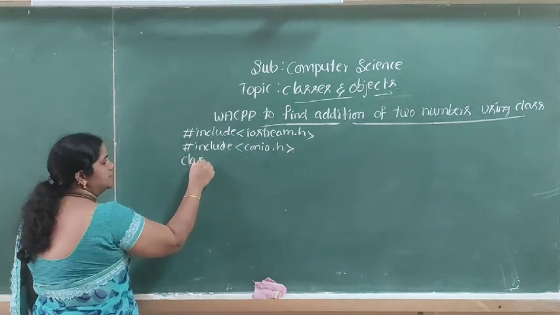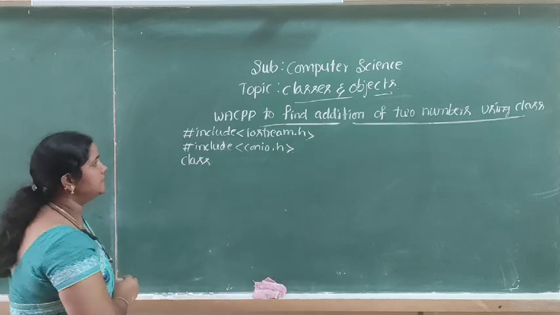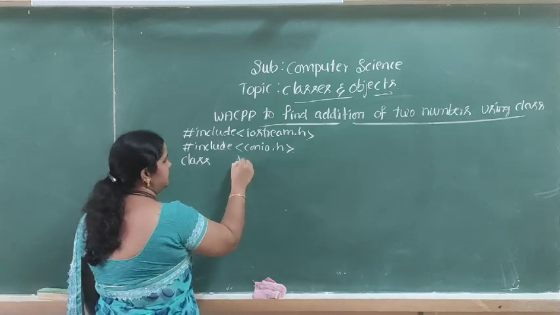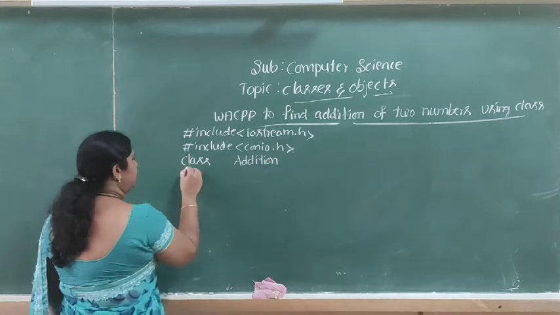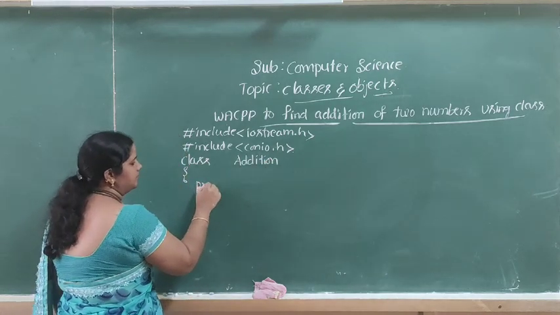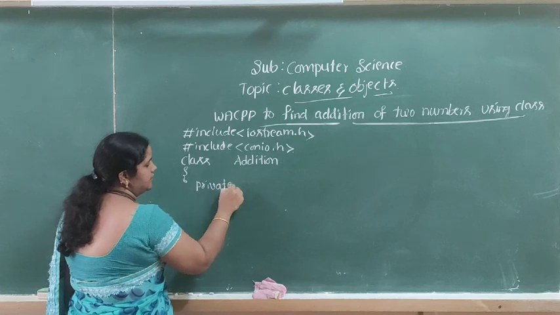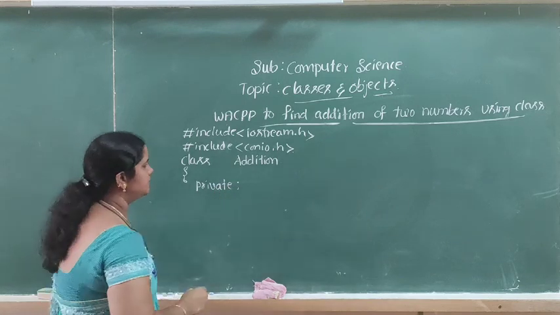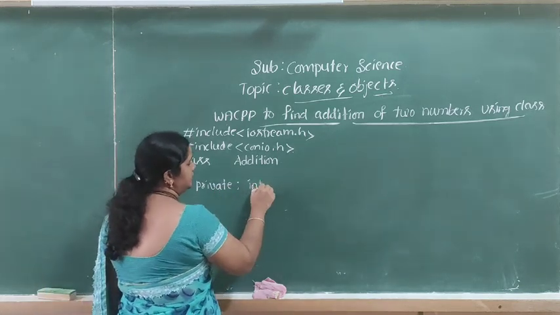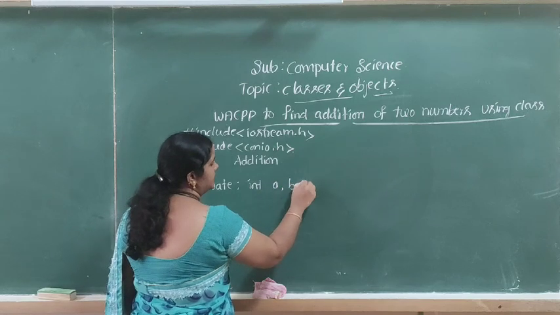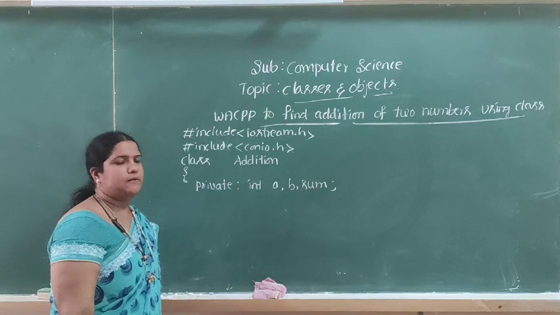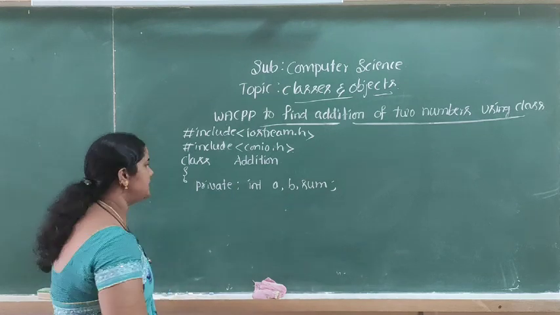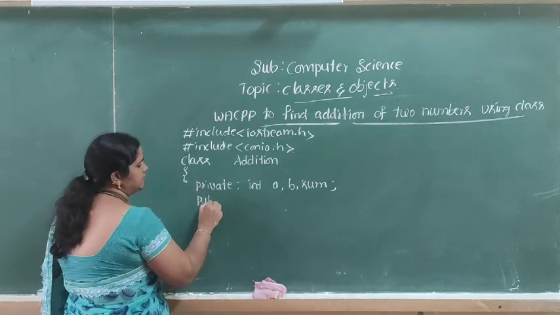Next, class. We take the class name as addition, and it has a private section. In private, we declare the variables int a, b, sum. There will be three data members: a, b and sum. Next we take the public section.